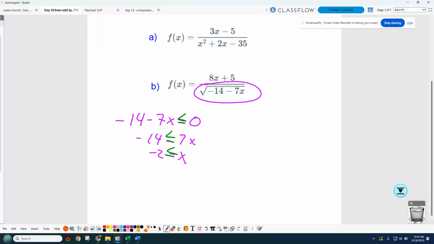So if I put in, Ella, what's a number bigger than -2? 1. So if I put in 1, do I get the square root of something negative down there? So I need to throw that out, which is what this says. These numbers are bad. So I want everything, sorry, the other direction.